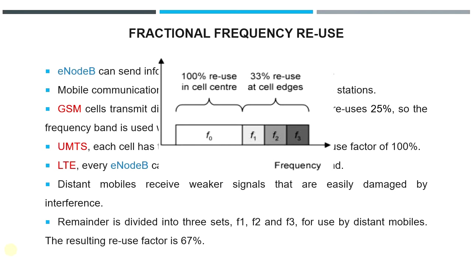The resulting reuse factor is 67%. More flexible implementations are possible. For example, one cell might use a set of subcarriers for distant mobiles, while its neighbors use the same set for nearby mobiles.